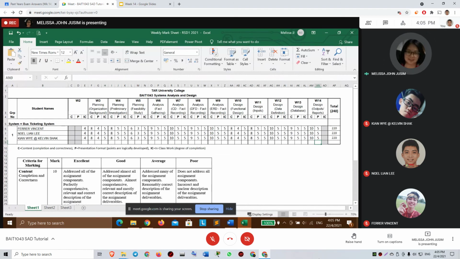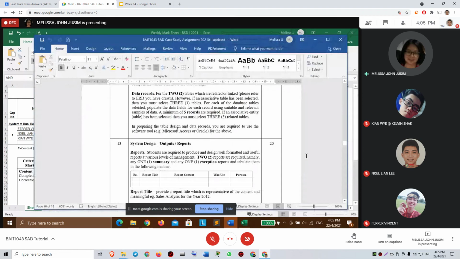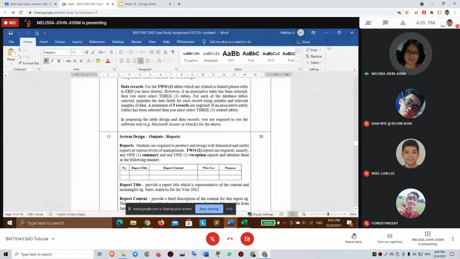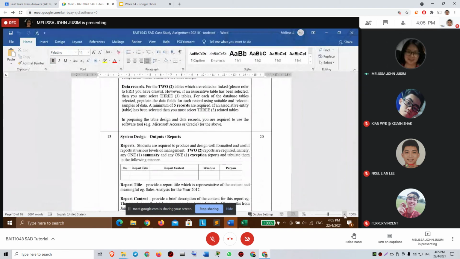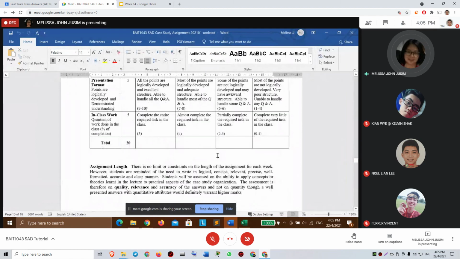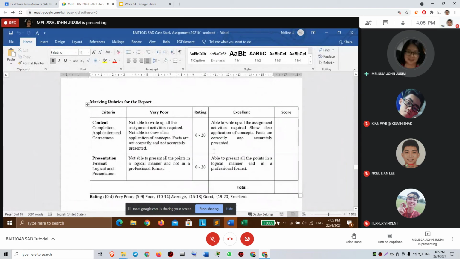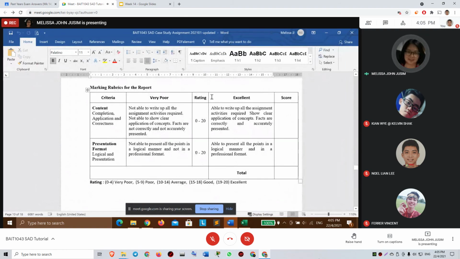Okay, in terms of the marking, I think siapa sudah tu? Noel kan? You have the access. So meaning last one would be tinggal ini lagi lah 40 marks.